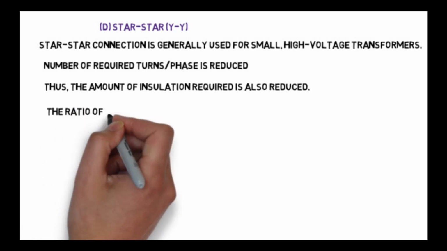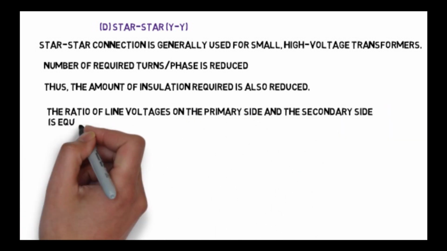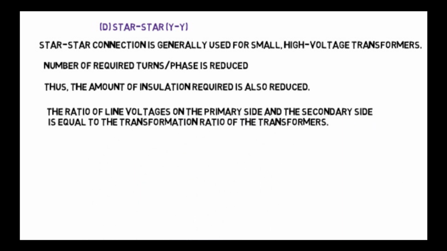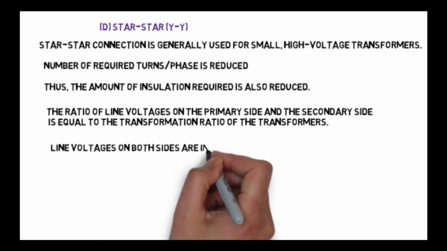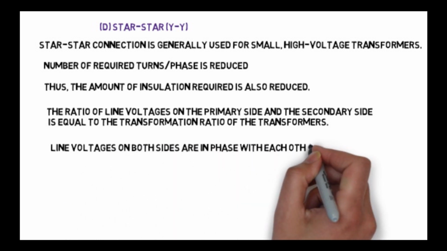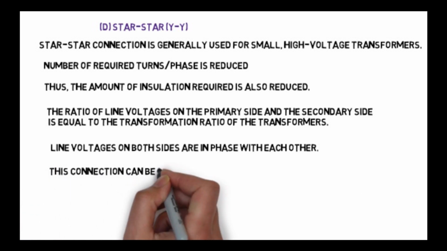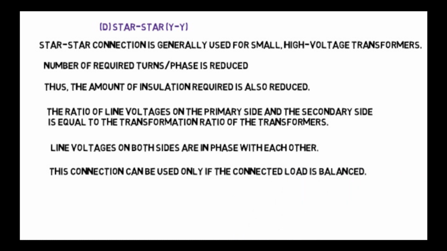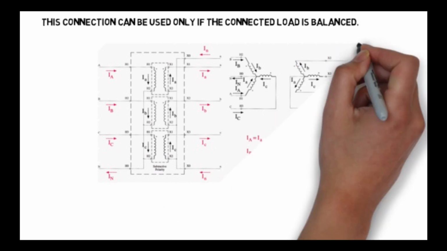The ratio of line voltages on the primary side and the secondary side is equal to the transformation ratio of the transformer. Line voltage on both sides are in phase with each other. This connection can be used only if the connected load is balanced. This is the circuit diagram of star to star type connection.